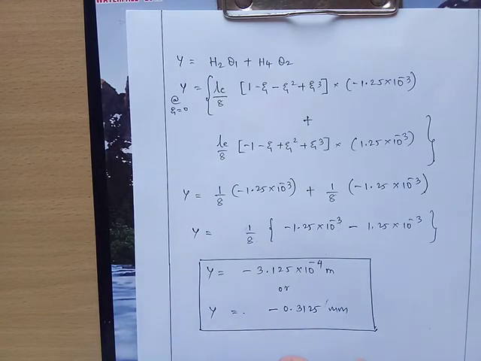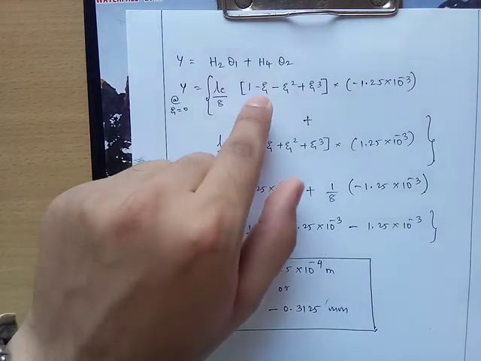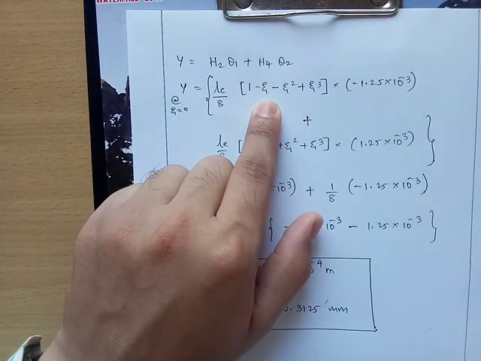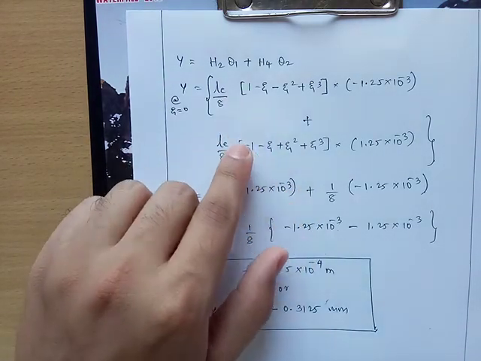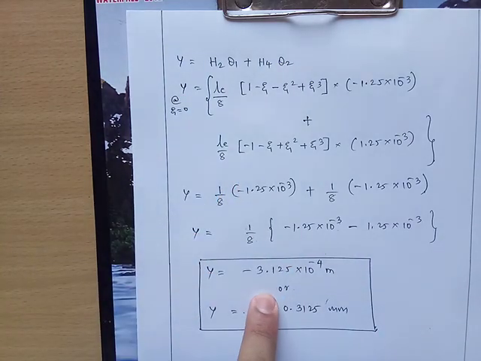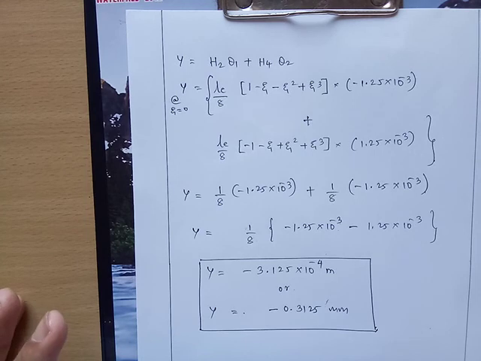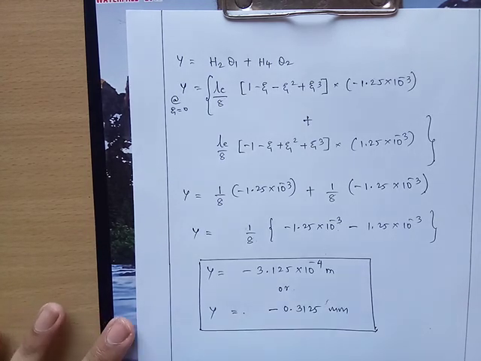You are going to get it only if you put these values correctly. If you are taking minus 1 here and plus 1 here, these values are going to change. So be careful, remember the shape functions correctly, substitute things correctly, then you will be getting the deflection as minus 0.3125 mm. Right, so that's it for today's session.